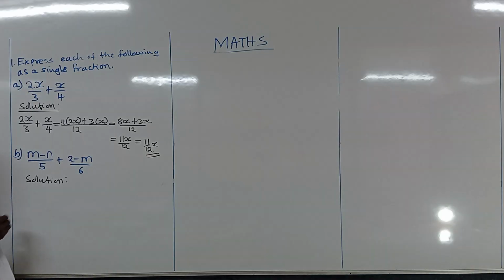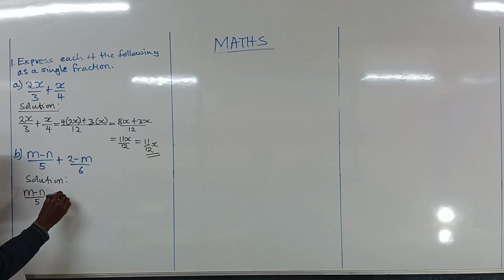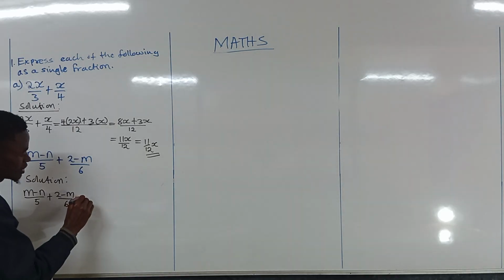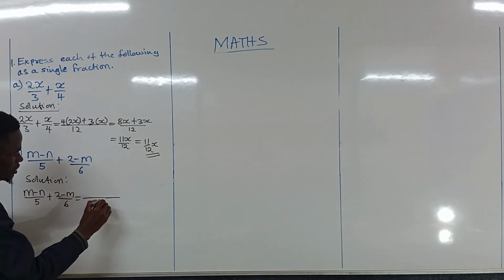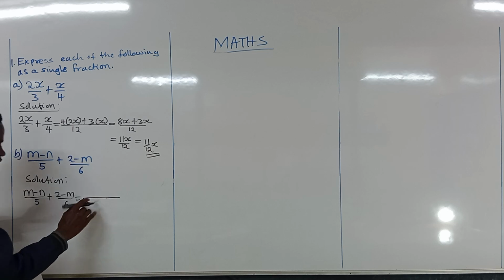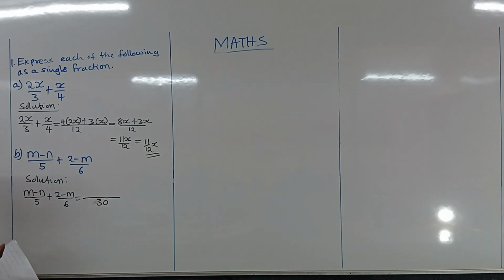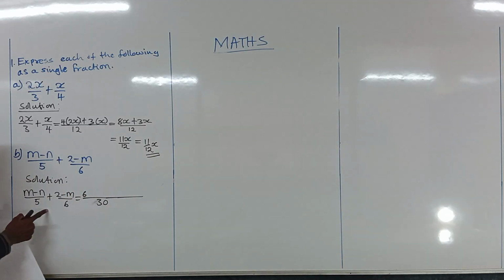So our solution becomes m minus n out of 5 plus 2 minus m out of 6, and the denominator on the other side of the equal sign is going to be 30. That is the denominator of our fraction. So 5 divides 30 6 times.